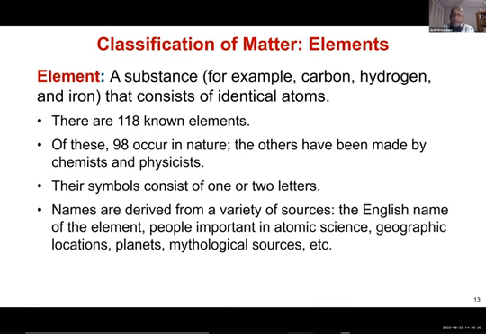The names are derived from a variety of sources: the English name for the element, people important in atomic science, like Mendeleev, who came up with the periodic table, geographic locations like California, planets like uranium, and metallurgical sources. I don't have an example for metallurgical.